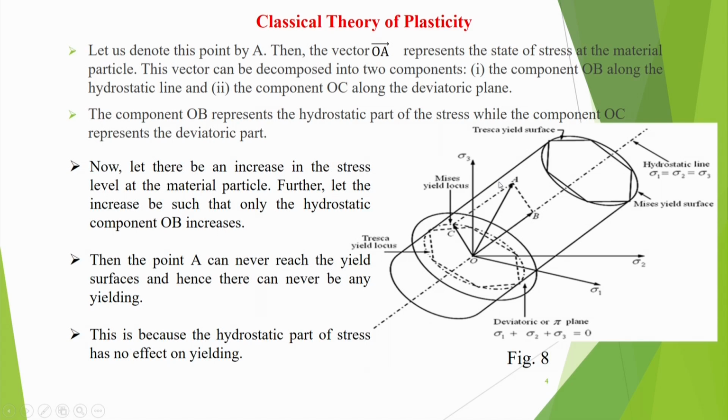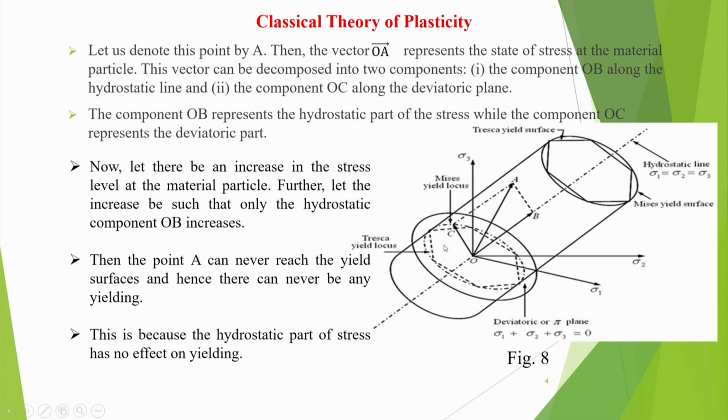Now let us denote this point by A. Then the vector OA represents the state of stress at the material particle. This vector can be decomposed into two components: the component OB along the hydrostatic line, and another component OC along the deviatoric plane. The component OB represents the hydrostatic part of the stress, while the component OC represents the deviatoric part of the stress.